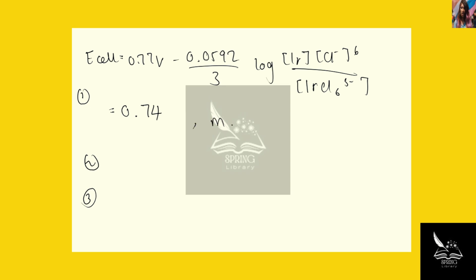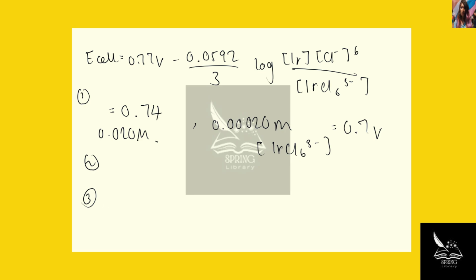So when we have 0.00020 molar for IrCl6 3-, we have 0.7 volts. And therefore 99% of iridium will plate out over the voltage range of 0.74 volts to 0.7 volts.